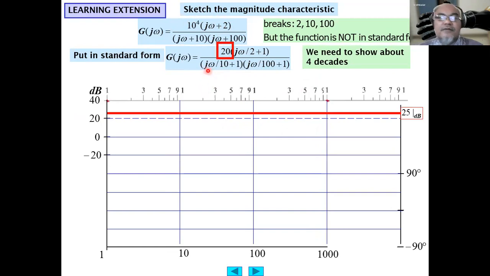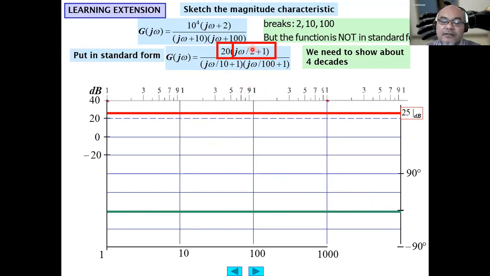Then the first contribution, 20 log 20, is about 25 decibel. Log 20 means about 1.25, times 20 becomes 25 decibel. The phase is 0 degrees.